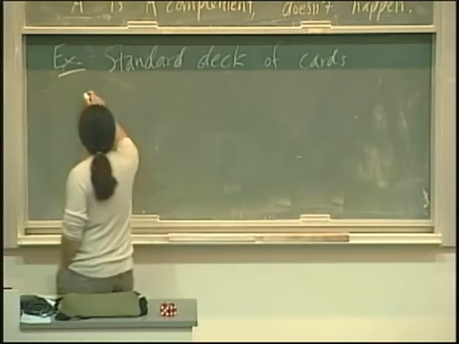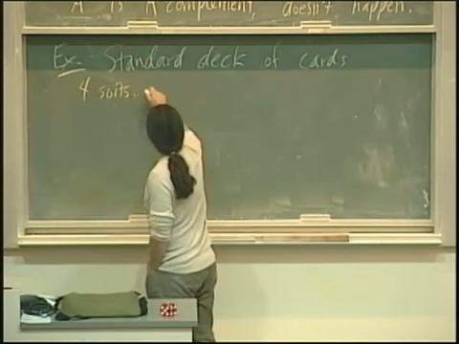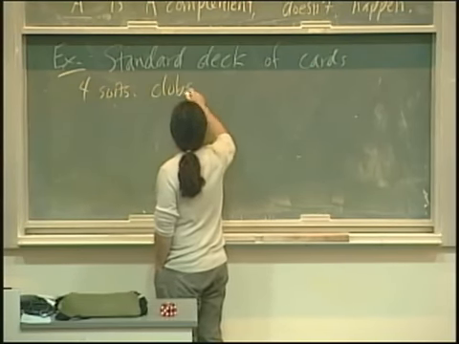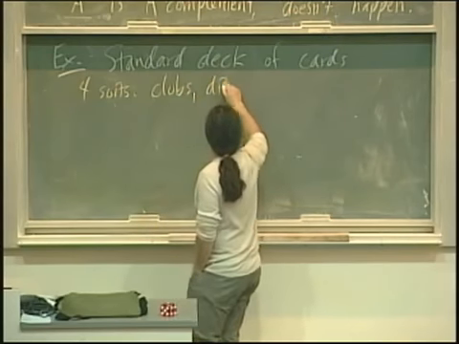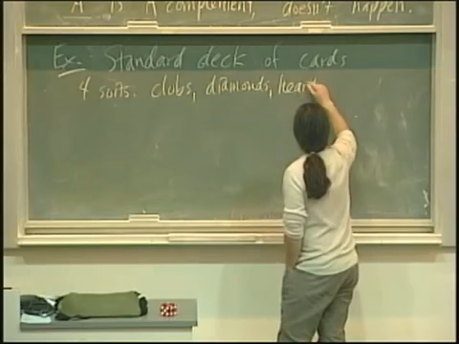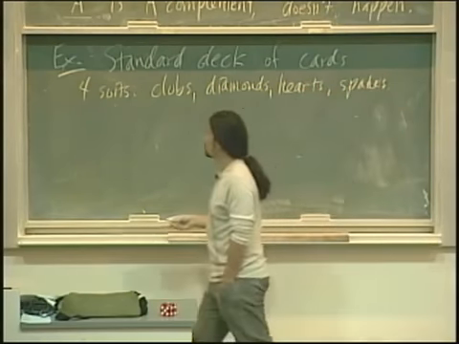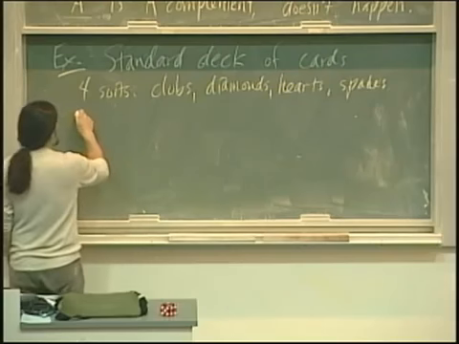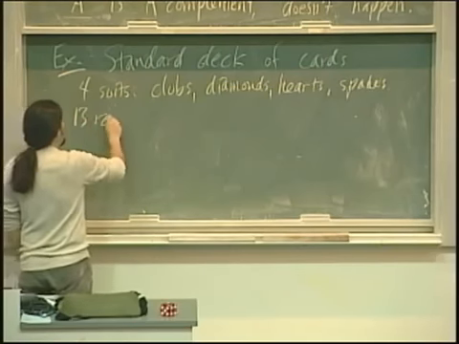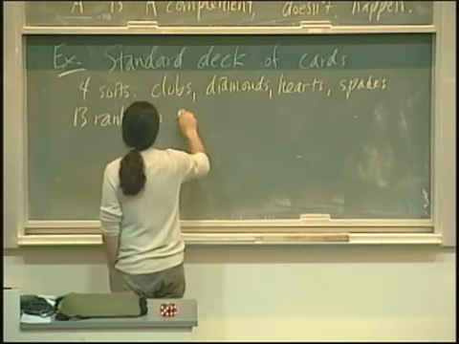A standard deck of cards has 4 suits: clubs, diamonds, hearts, and spades. And it has 13 ranks in each suit.